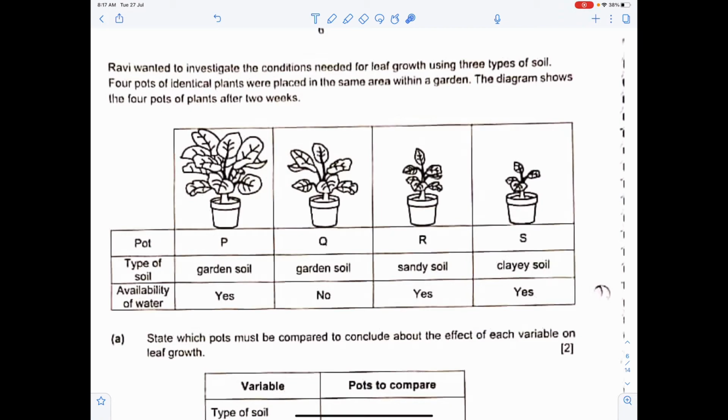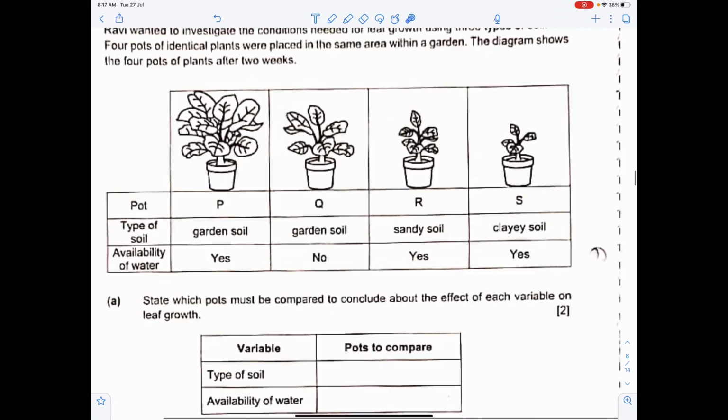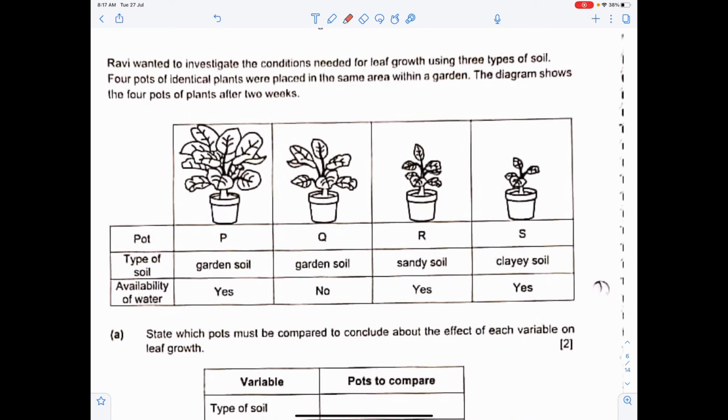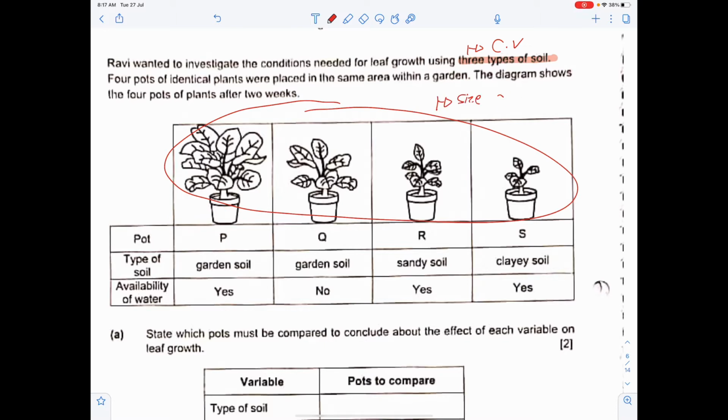So when you look at it, the change variable is supposedly the types of soil. This is your change variable. And the measured variable is basically the size of the plant.